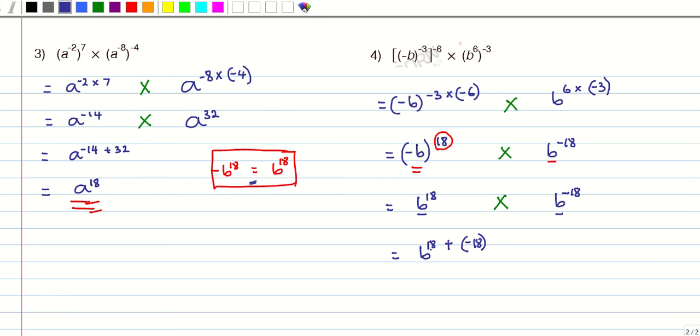We know that 18 plus negative 18 is 0. So we get b to the power of 0. And we also know that any number to the power of 0 is 1. So here we have 1. So 1 is our final answer.